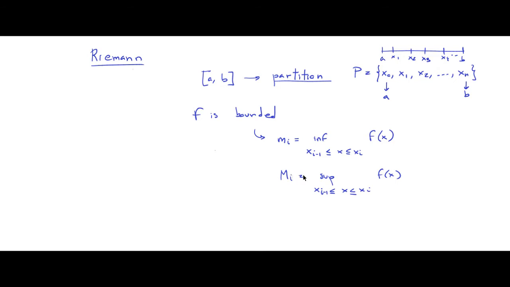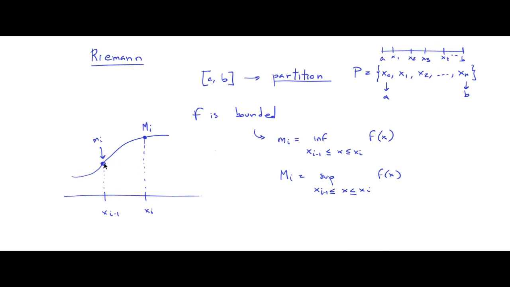Suppose that the area, let me try to draw this. So we have this, and suppose we have these two points, xi minus 1 and xi. In this interval, the infimum of this is mi, and this is going to be capital Mi, right?